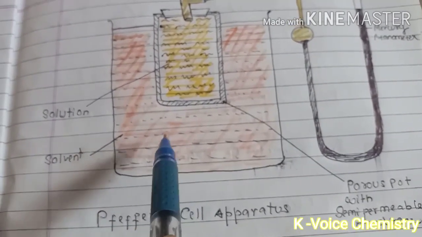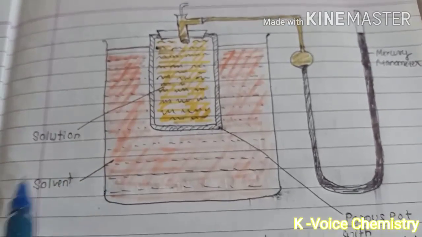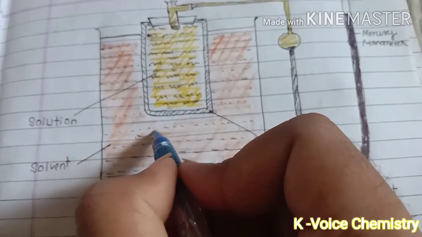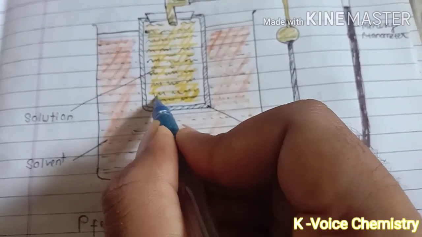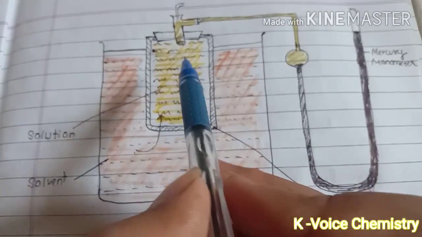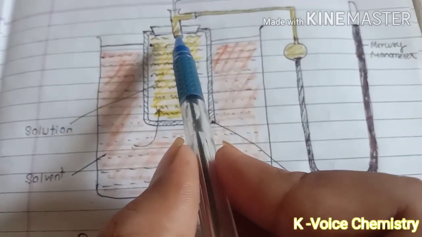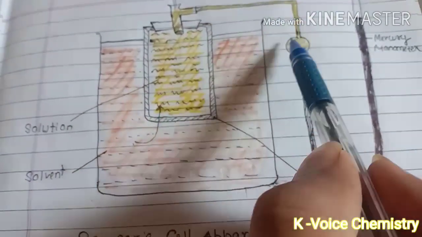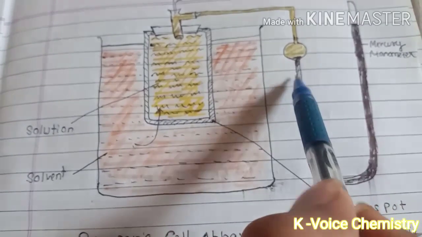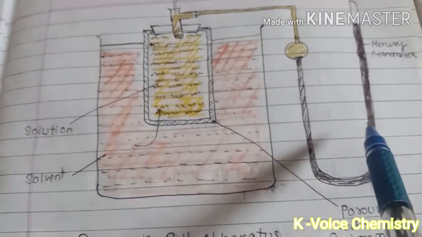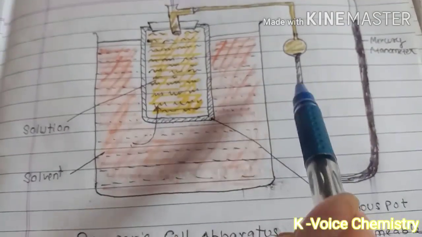So basically what will happen by osmosis is that the solvent molecules will tend to flow inside the solution by crossing this semi-permeable membrane. In doing that, the level of the solution inside will increase, and it will exert a certain pressure upon this mercury manometer, mercury being filled in this manometer.